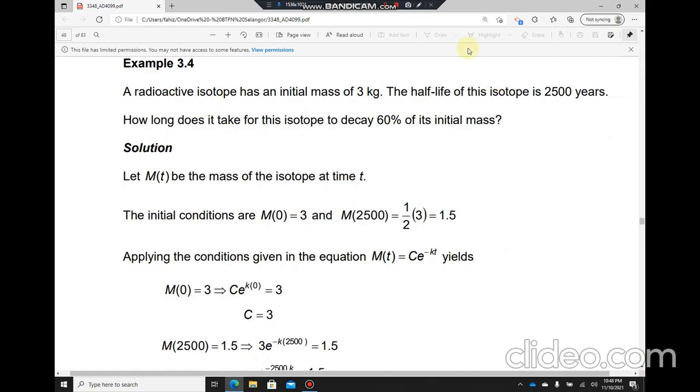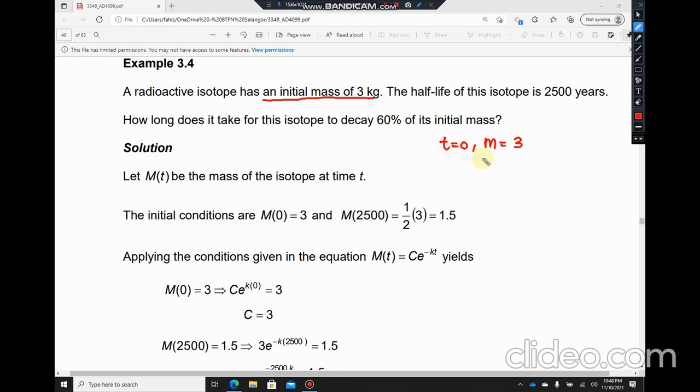Okay, so apa-apa pun first step, kumpul dulu information. First dia kata initial mass of 3 kg. So kalau initial, we always assume that T equals to 0. So initial is 3 kg. The half-life of this isotope is 2,500.